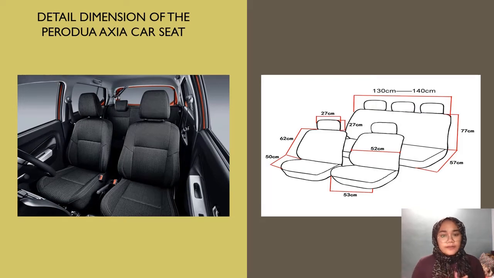As you can see, it has a length of 57 at the back, and the length of the front is 50 centimeter, and the width is 53 centimeter. So the size is the average size for people that use a small size car.